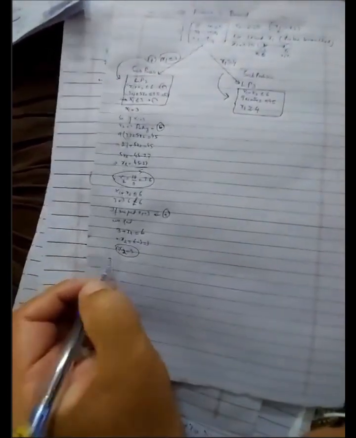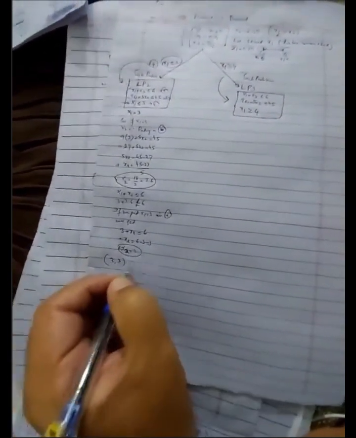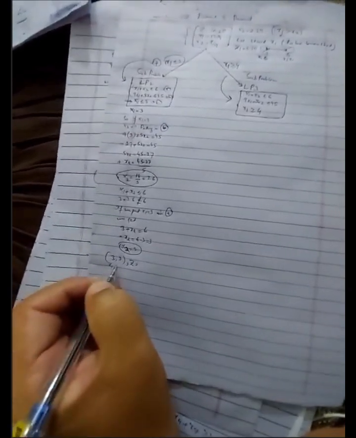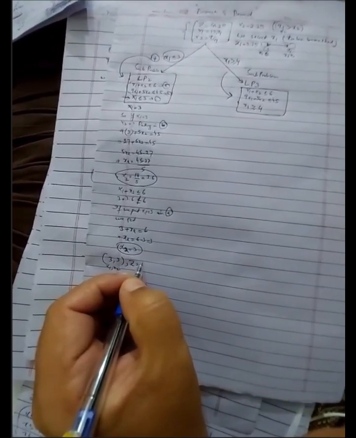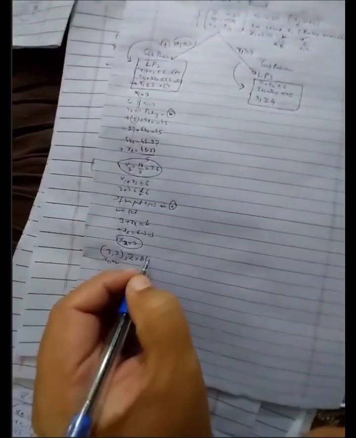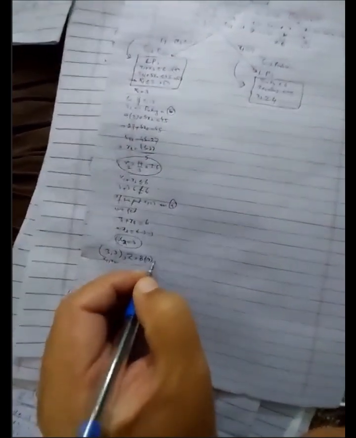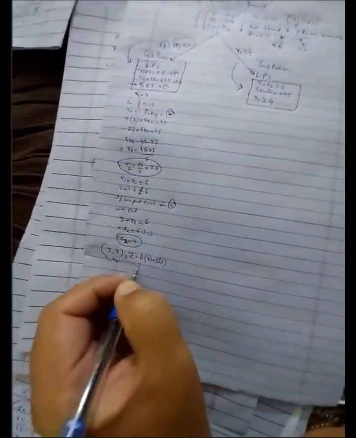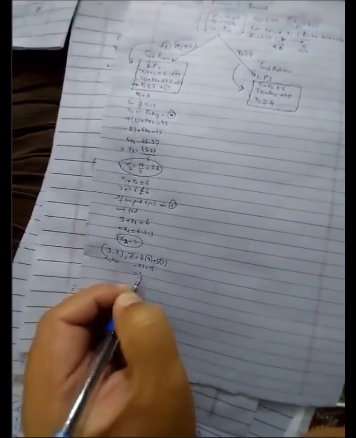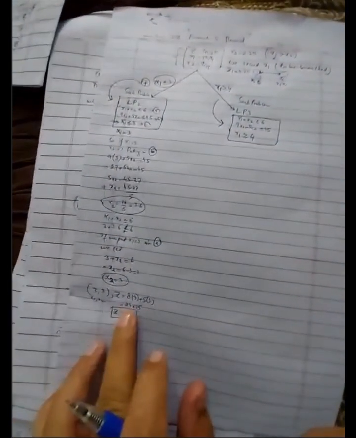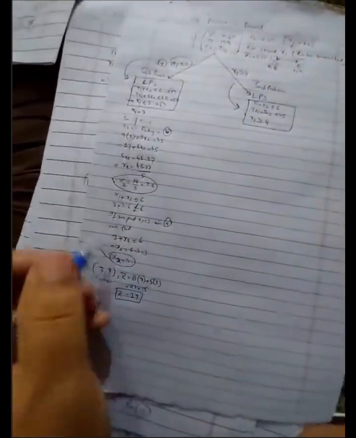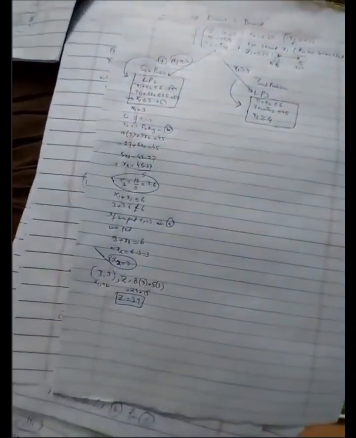So we have the z value, which is 8 into x1, which is 3, plus 5 into 3, so 24 plus 15 is equal to 39. Here we got 39, and x1 is equal to 3 and x2 is equal to 3, which are both integers.